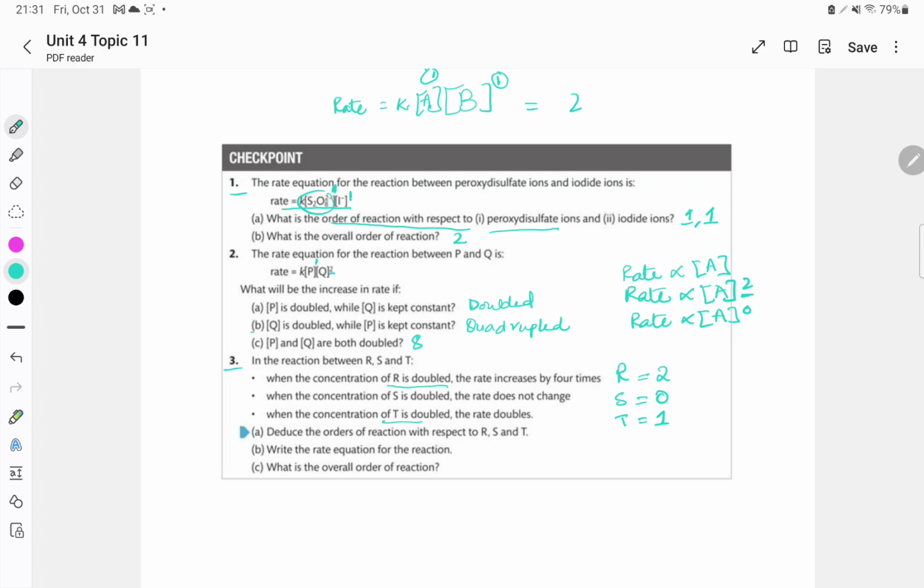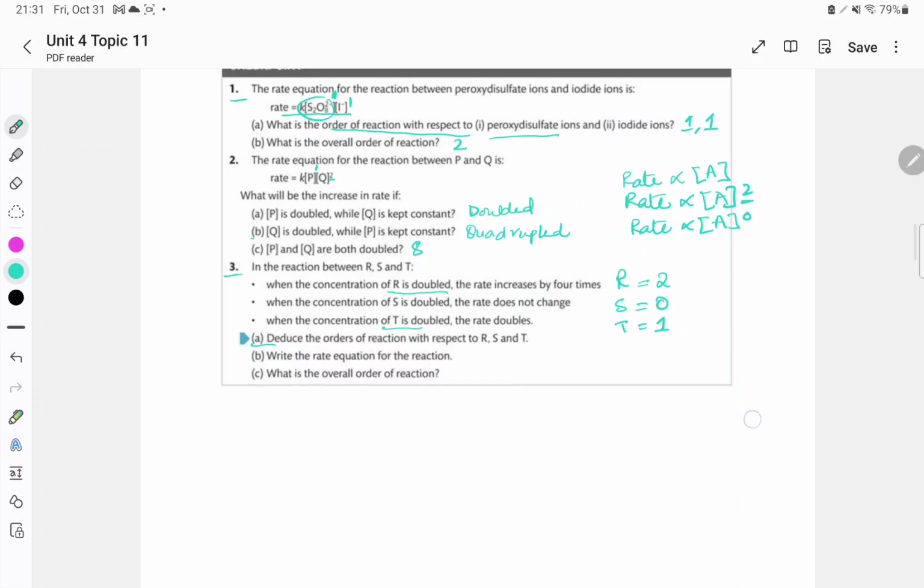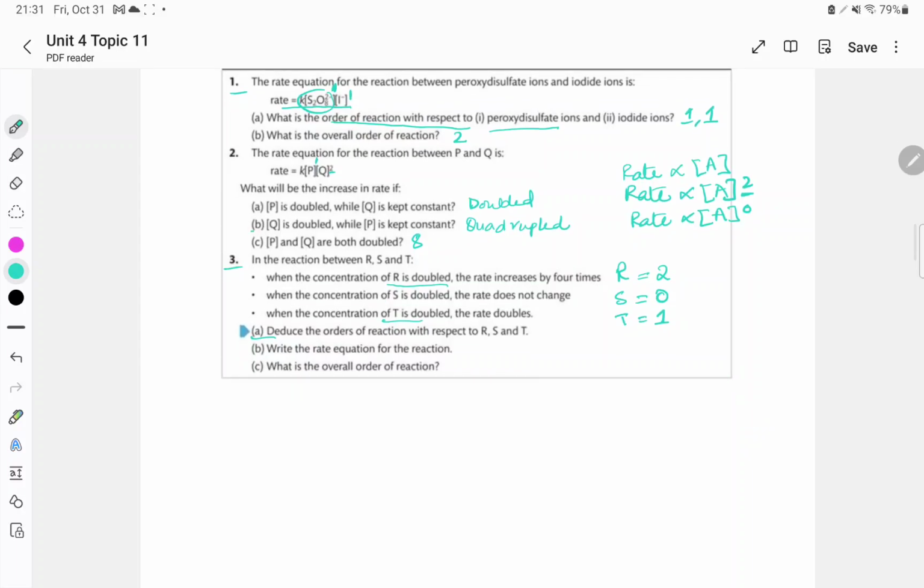Moving on to deduce the order of the reaction, we have done this one. Write the rate equation for the reaction and what is the overall order of the reaction. So can you write down the rate equation? It's very simple. You're just going to write rate, and you already know that rate is equal to k, and R is a second order, so you place 2 over it.